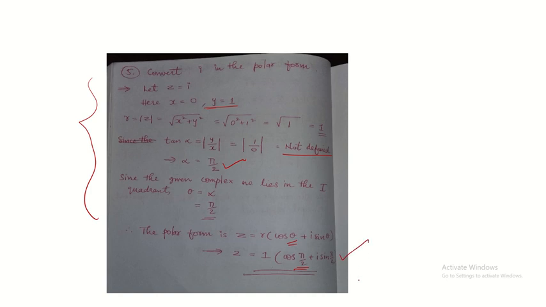Okay, this is your last topic from this chapter, complex number. There are many more questions. If you check the exercise, there will be a lot more to do. Okay. If you have any doubt in solving exercise questions, you can ask me. You can call me. If I don't reply in WhatsApp, you can call me and ask the doubt.